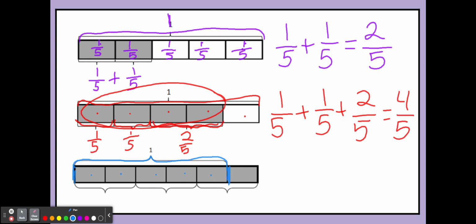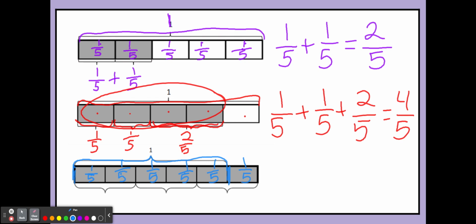So if we look at this, each piece would be 1/5. Okay, it's still 1/5 because there are 5 parts or 5 pieces in the whole. 1/5, 1/5, and the next one that's not part of the whole is 1/5. So we have one whole here and then part of a whole. And that part, that whole, would still have 5 pieces.